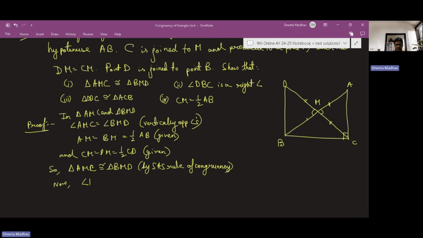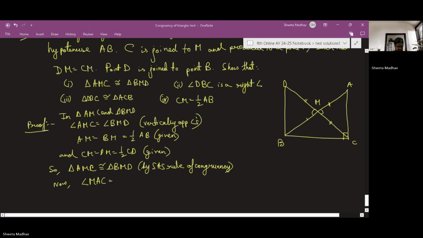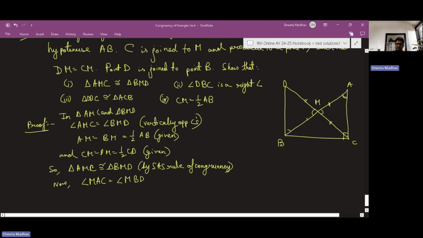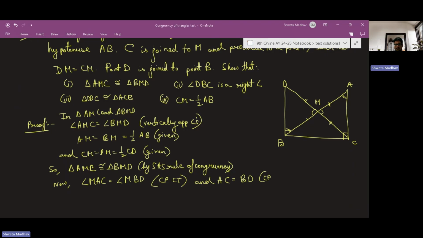Now, we'll see that angle MAC is equal to angle MBD, hence by CPCT, and also AC is equal to BD by CPCT.